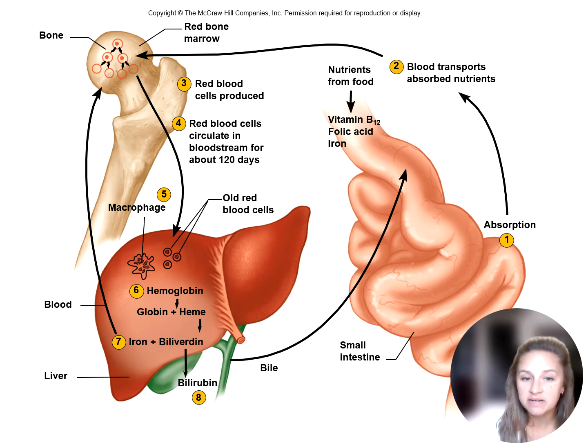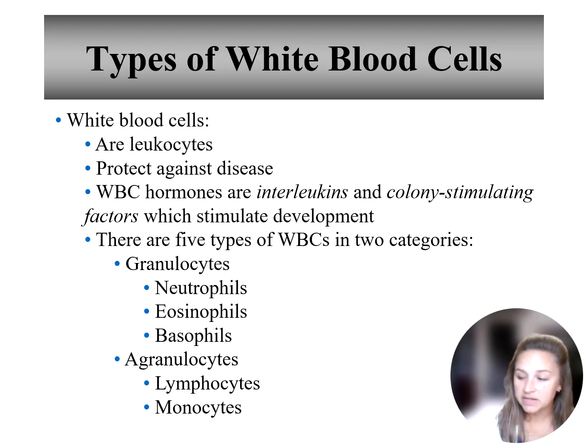The biliverdin is converted to bilirubin, and then the bilirubin is what gets excreted through our urinary system. So this is the cycle that new blood cell formation goes through and how the old blood cells are broken apart. The iron can be recycled, and then the rest of that hemoglobin gets excreted. So that's red blood cells.